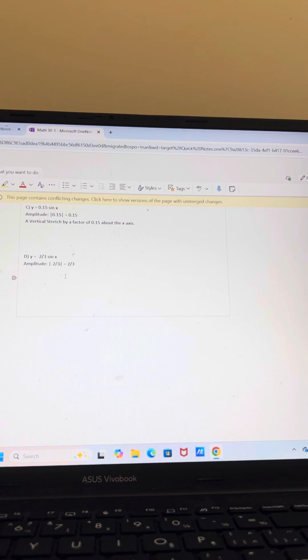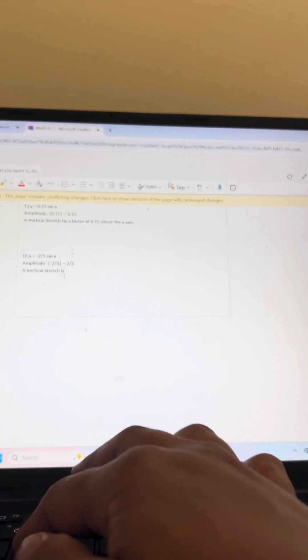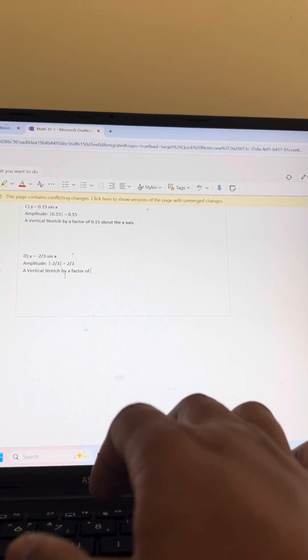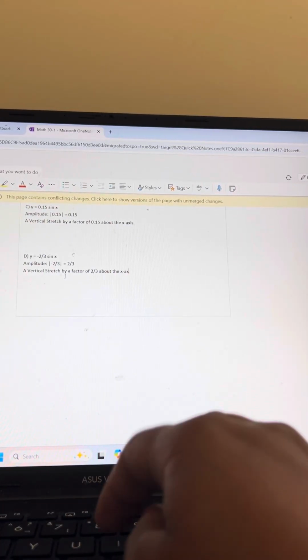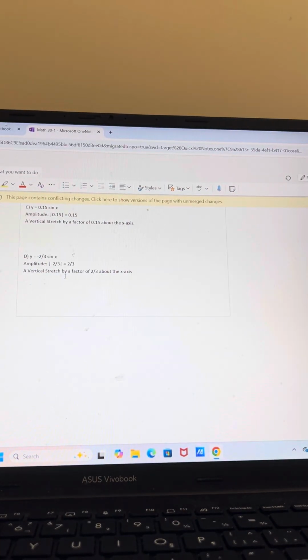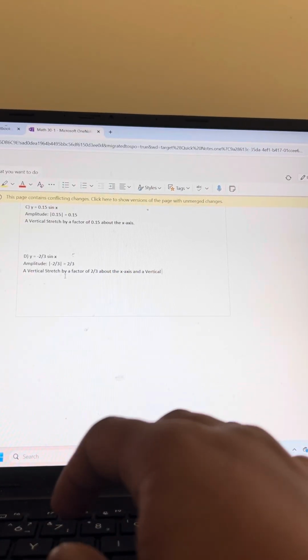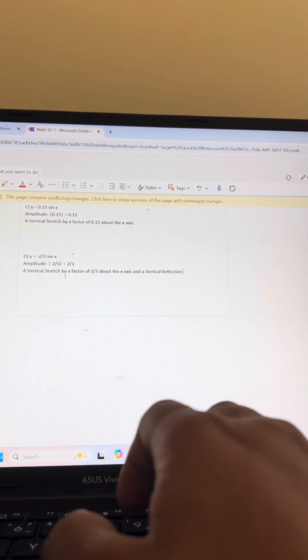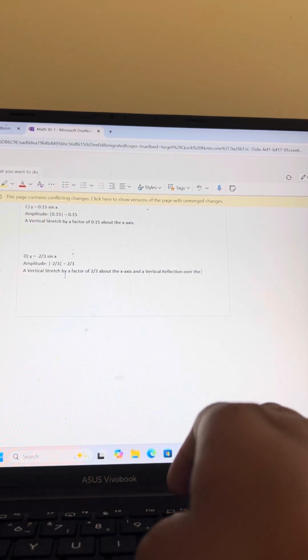And this also has a negative sign, so we're going to say it has a vertical stretch by a factor of 2/3 about the x-axis. And a vertical reflection over the x-axis.